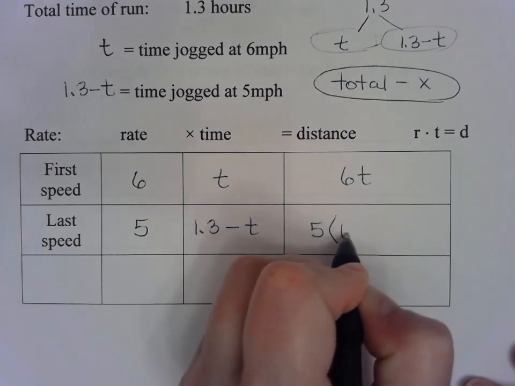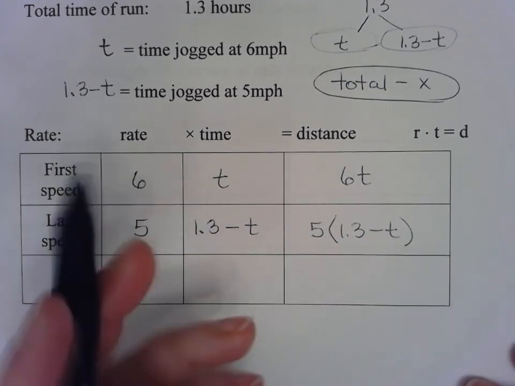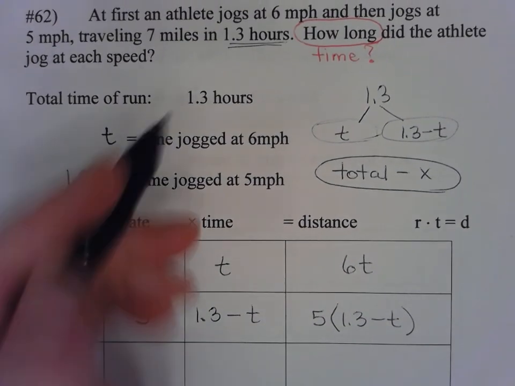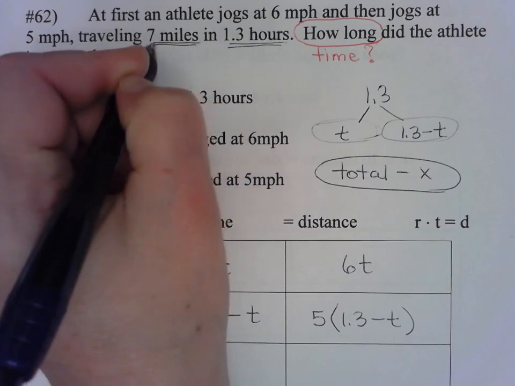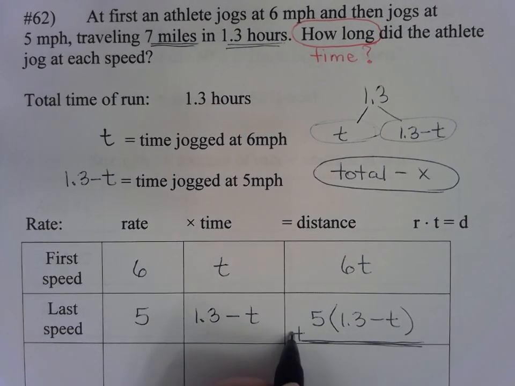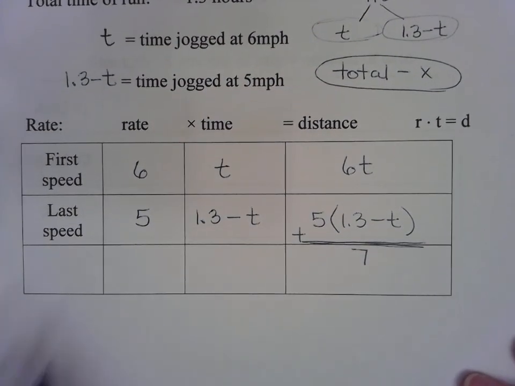This is the distance from the second part. And we're given the total distance. That's the only number we haven't used yet, which is this 7 miles. So these two parts of the journey should add up to 7 miles. And that's where our equation is going to come from.